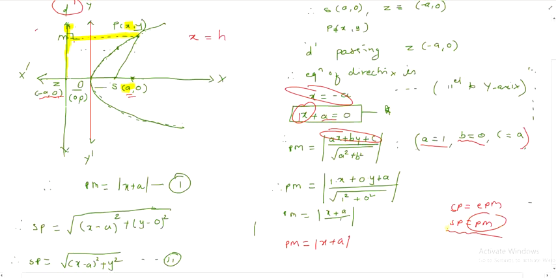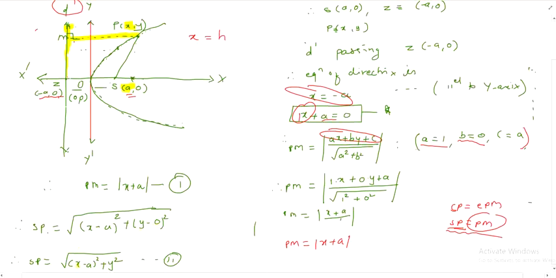What is left there? SP. So let us see how to find that SP. I repeat it again. SP can be found by using the distance formula, because we know the coordinates of S as well as P. Therefore SP is equal to under root x2 minus x1, but x2 is x, x1 is a, and y2 is equal to y and y1 is 0.